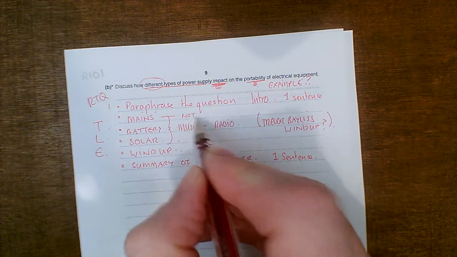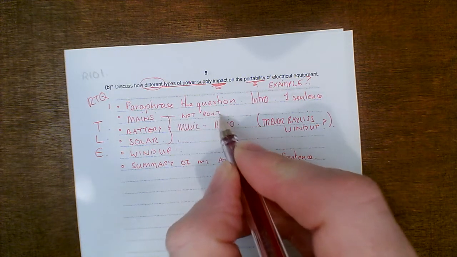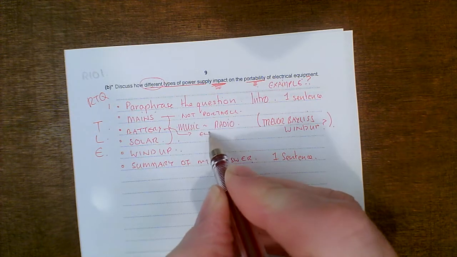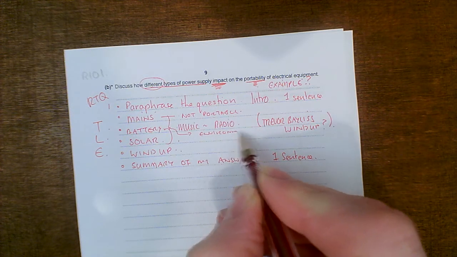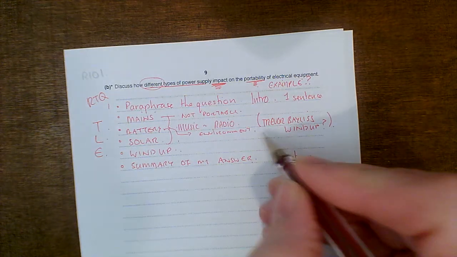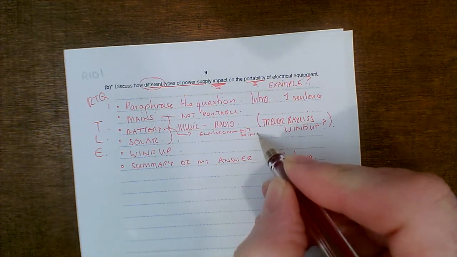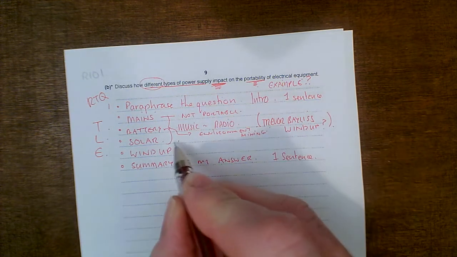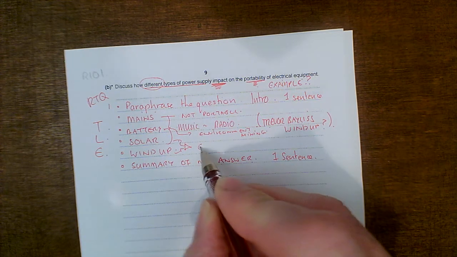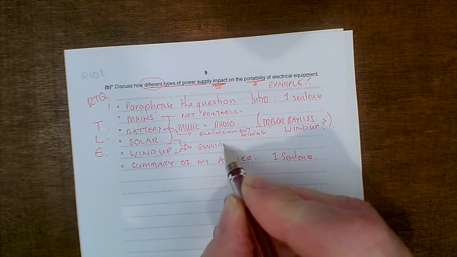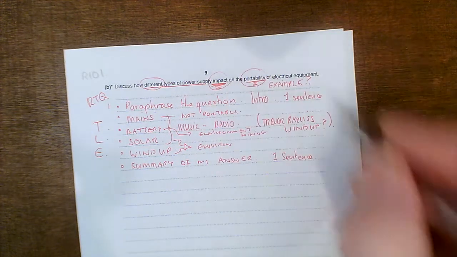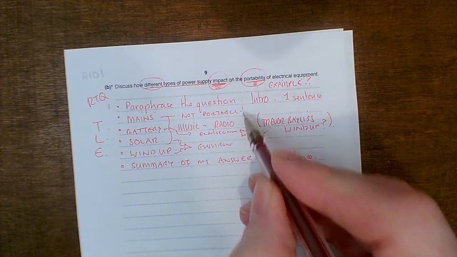So the point I'm going to make is that mains is not portable. Batteries have an impact on the environment, because lead acid batteries contain various chemicals and they need mining, I'm thinking. Solar and wind, I can maybe join together and talk about the environment. Remember, the impact is on portability.